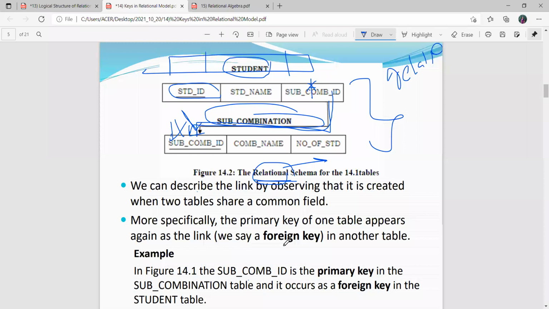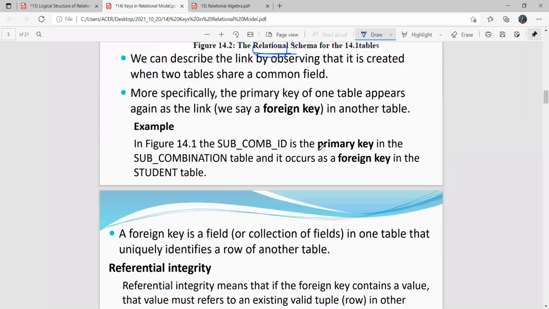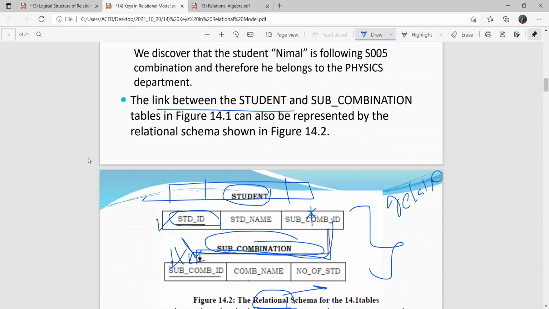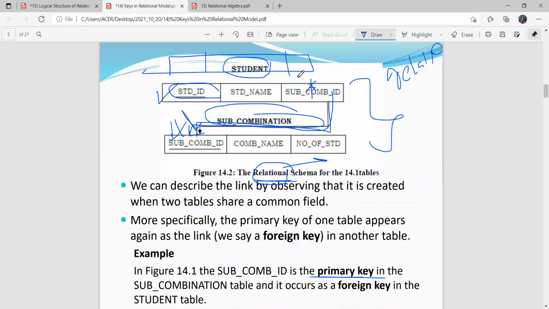Then let's discuss foreign key. We already discussed primary key. Now we are going to discuss a foreign key. When we consider a primary key, this is the primary key of this table, and this is the primary key of this table.